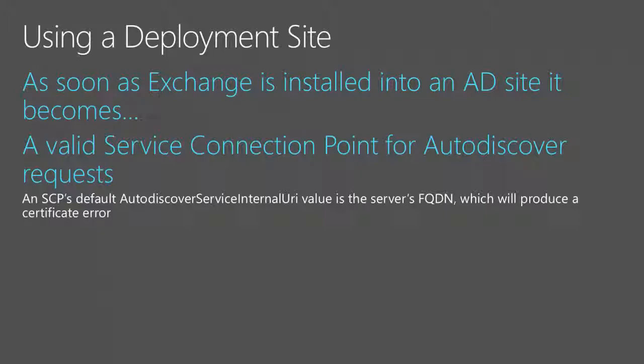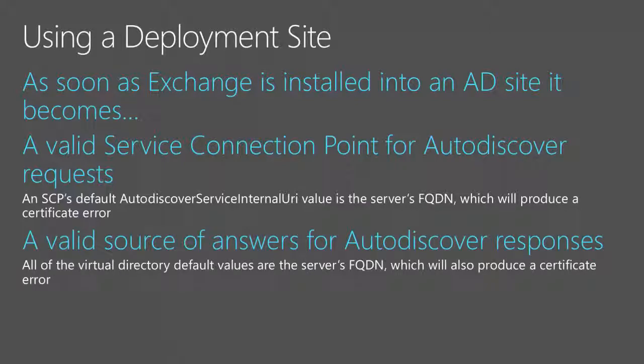So the first thing is it becomes a valid endpoint for service connection requests, especially for auto-discover. And of course, it hasn't been configured yet. It has the wrong information, and that's not going to match what Outlook is looking for, so users get this nasty certificate pop-up saying Outlook has a mismatch. Are you sure you want to connect?